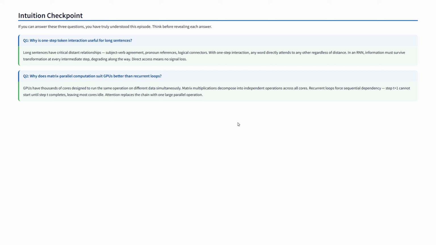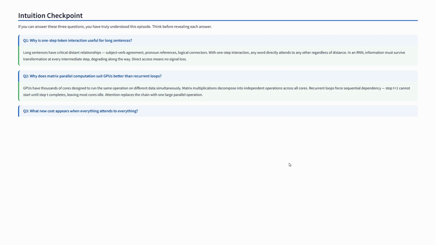Step T plus 1 can't start until step T finishes, right? That's a hard sequential dependency. While one step computes, thousands of cores sit idle with nothing to do. And attention replaces that entire chain with one large matrix operation that keeps every core busy. The hardware is finally being used the way it's designed to be used.